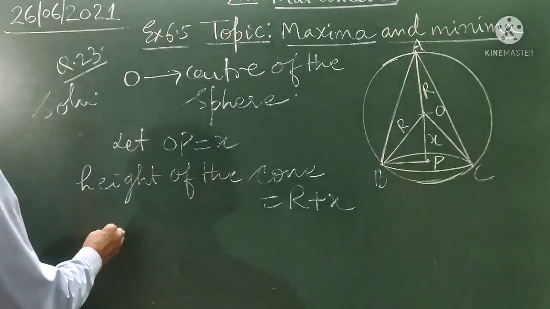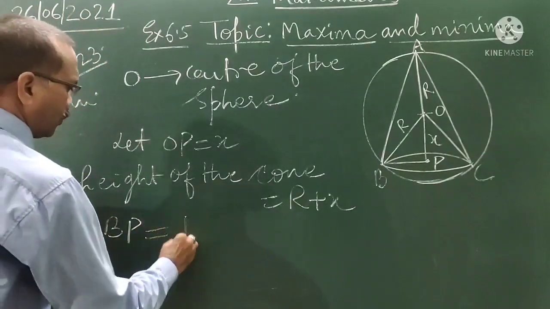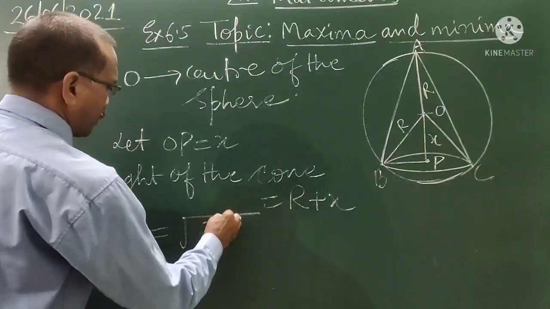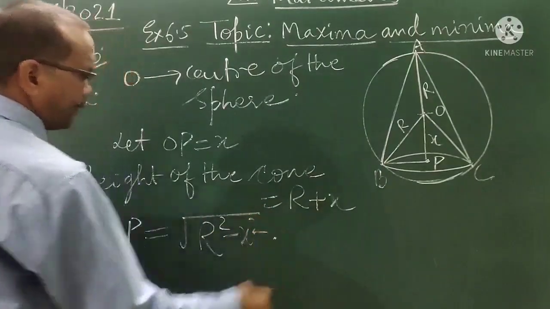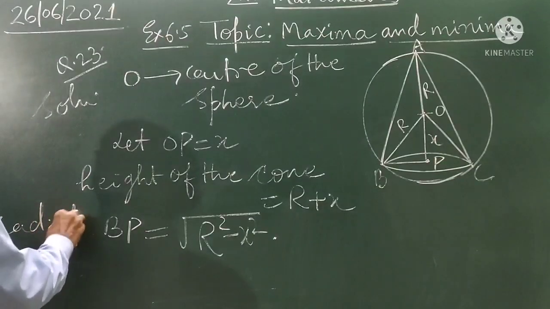Then BP, by Pythagoras, equals root of R square minus X square, which is the radius of the cone.